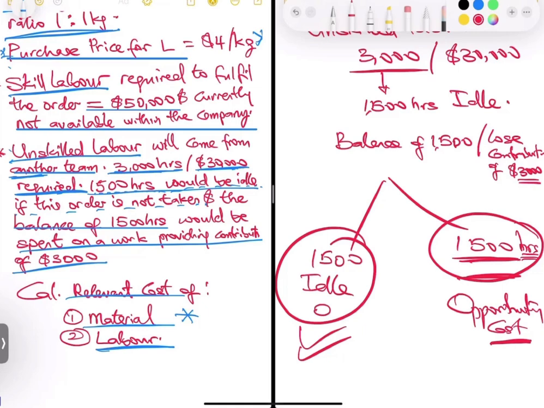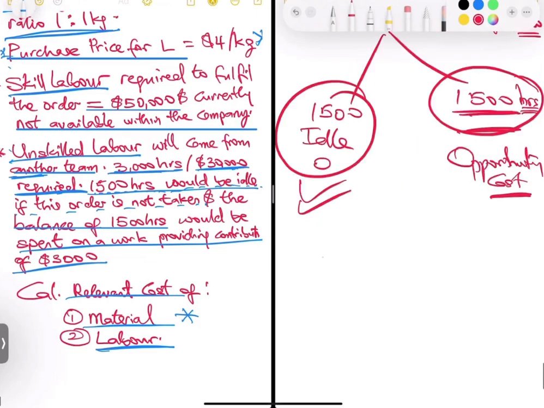What are the cash flows that you are losing? The net cash flow you're going to lose if you pull those guys from their current team because they are busy. So if you have to pull them out from their job, what are you going to lose there? You're going to lose selling price, which is your revenue, right?